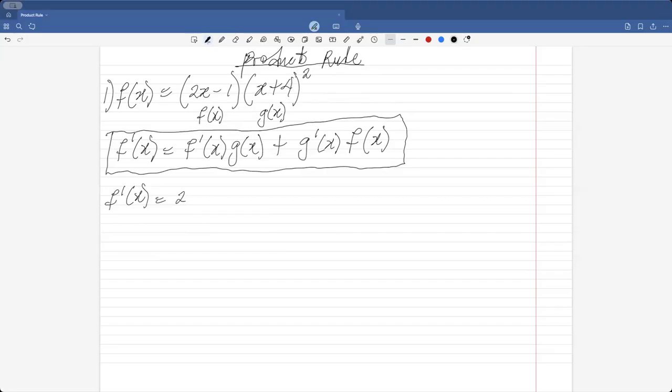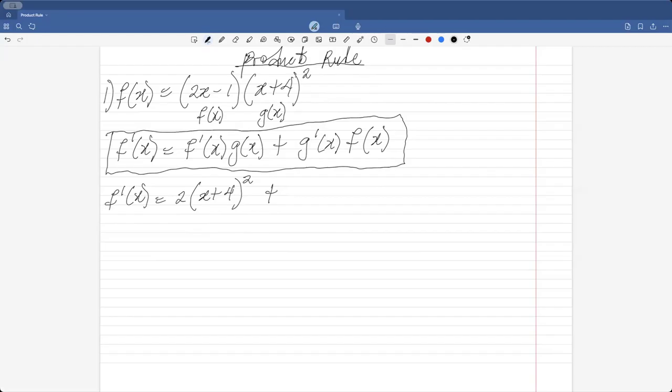Then we have the function g(x), (x + 4) to the power of 2, plus. So we find the derivative of g(x).